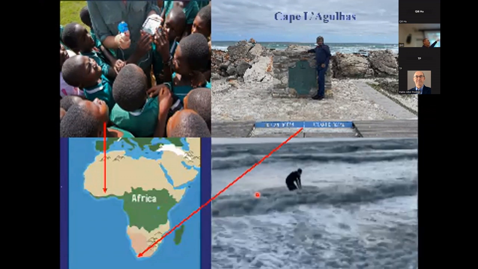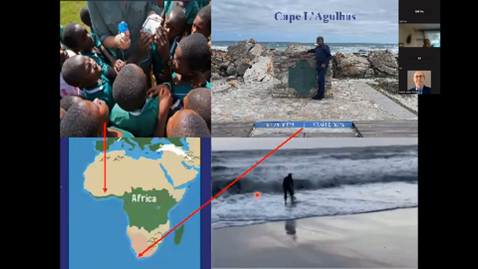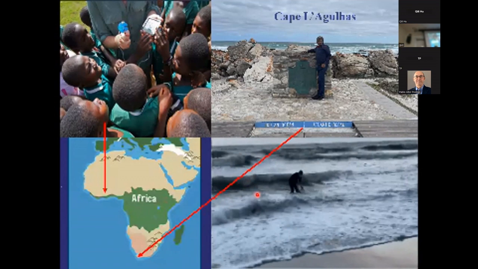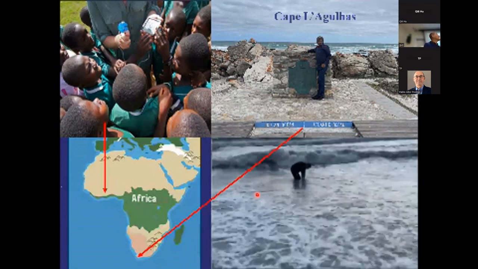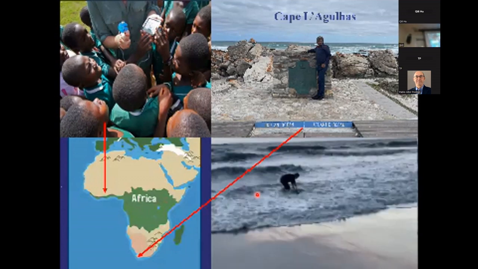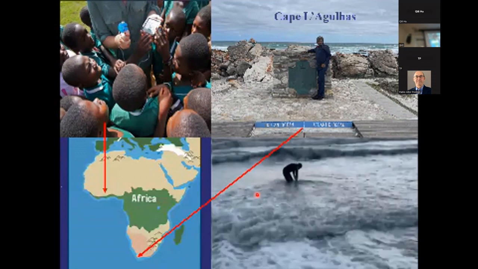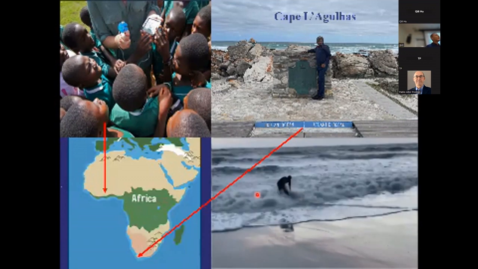And right there, Dr. Subhash went all the way to the southernmost tip of the African continent, where with one foot he can stand in the Atlantic Ocean and the other in the Indian Ocean, so in one place he can collect water from both oceans.